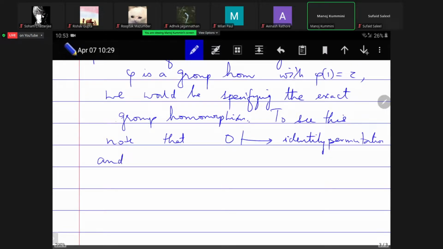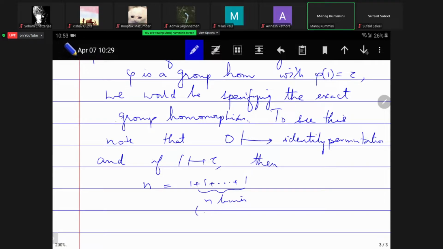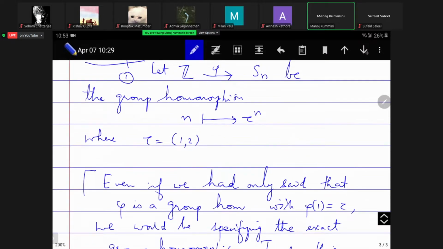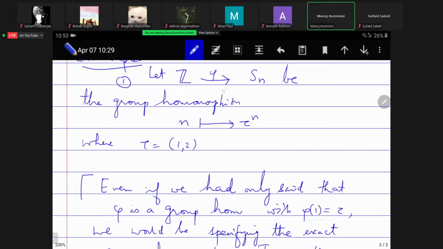And if 1 goes to tau, then n, which is 1 plus 1 plus 1 plus, n times, assuming n is positive, must go to tau n times. So often one could just say: consider the group homomorphism Z to this one, in which 1 goes to this tau. And that is unique.